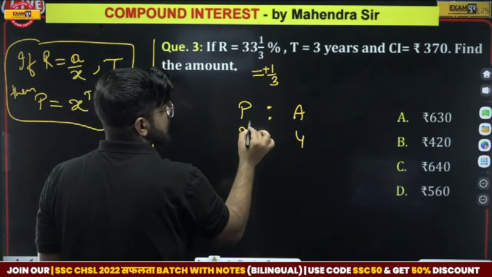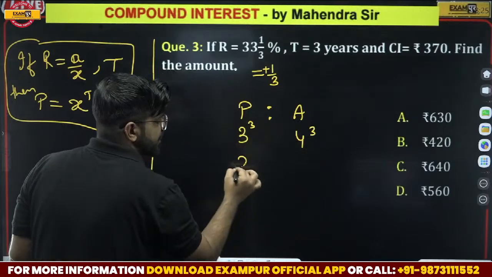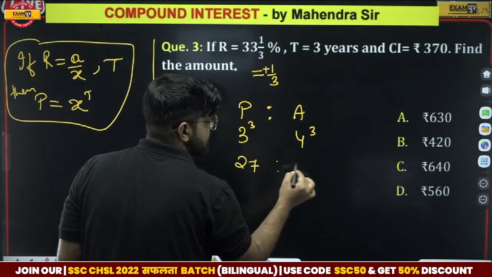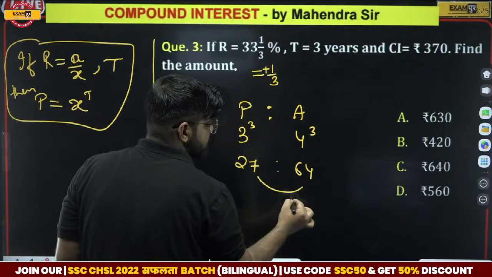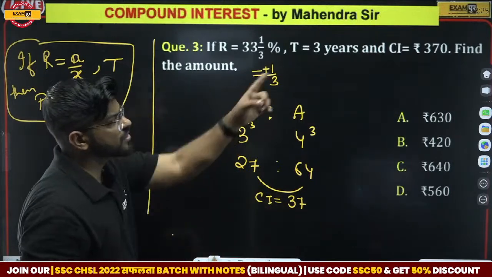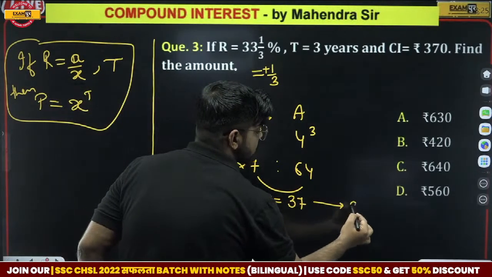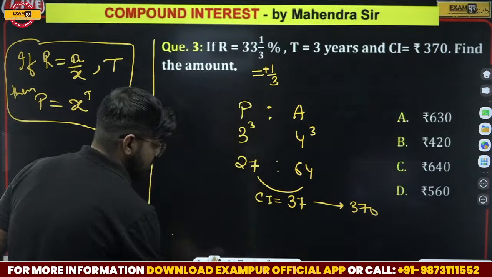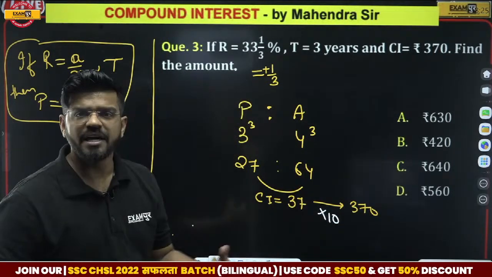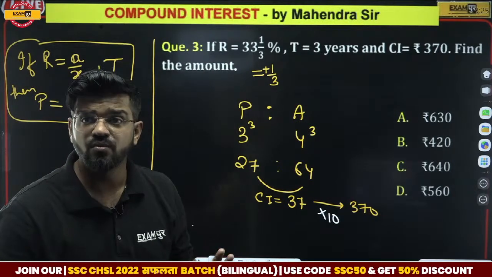And for 3 years, I have to do the cube. So it will be 27 and this will be 64. The difference is 37, which is nothing but the CI. According to the question, the CI is 370. So the multiplying factor will be 10. Now multiply by 10 and you will get all the values you want.